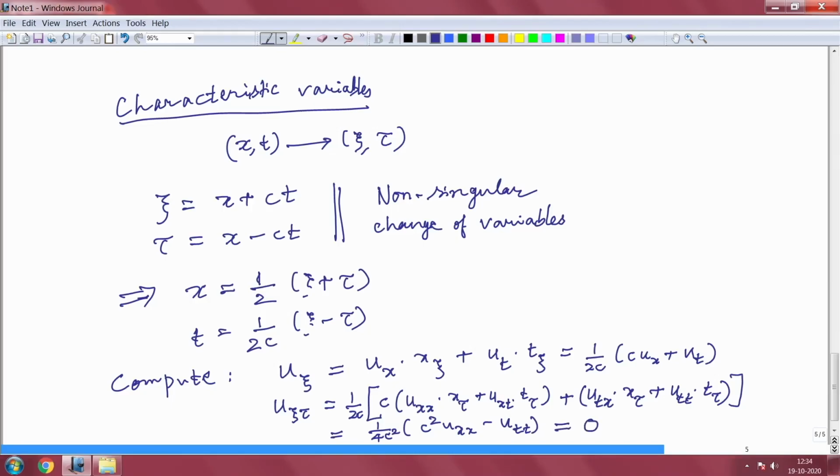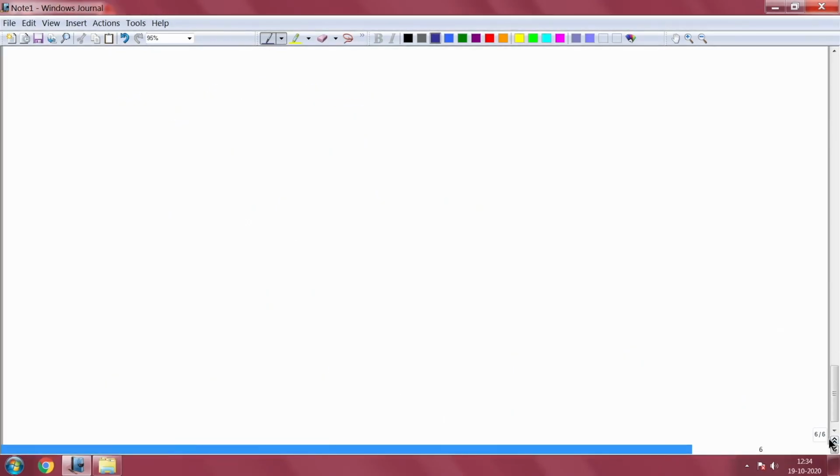So, with this change of variables, in xi tau variables we obtain u xi tau equal to 0. The wave equation reduces to a simpler form.